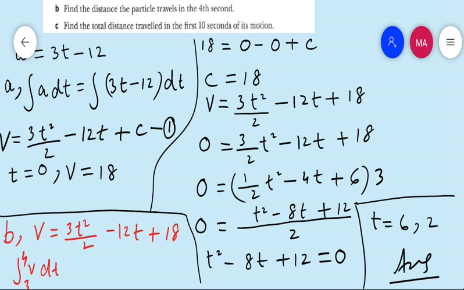So integrate from 3 to 4 of 3 upon 2 t square minus 12t plus 18 dt.